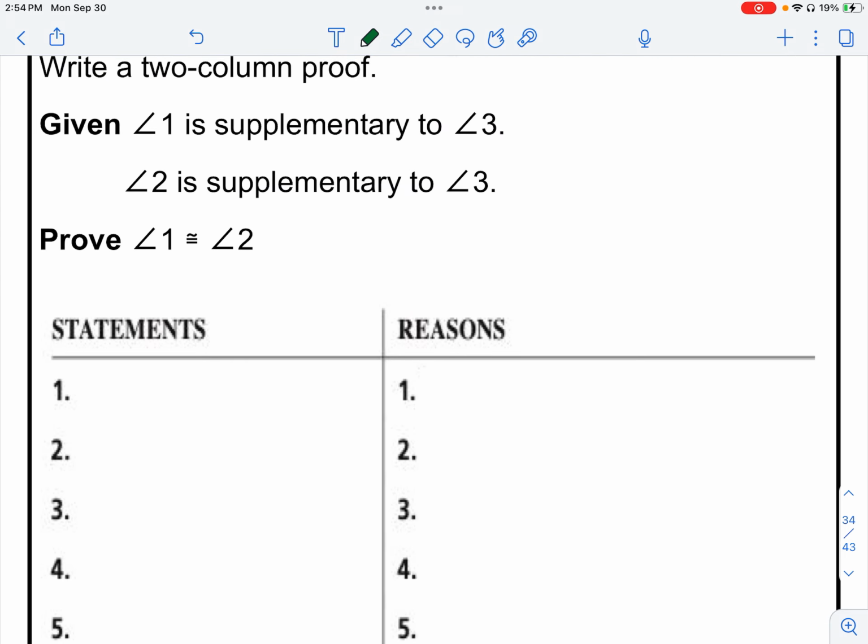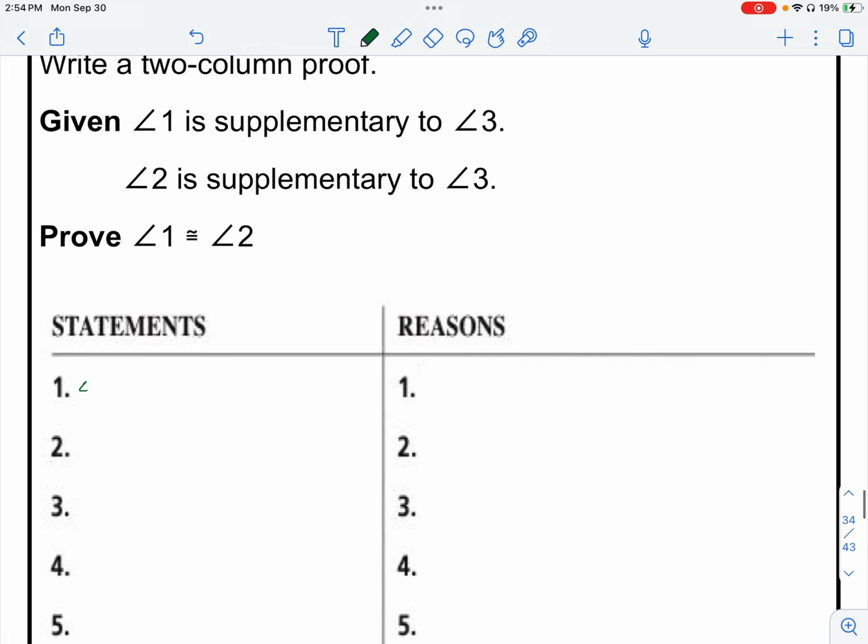All right, so let's start with our given. When I'm given more than one given, most times I like to work out what I can with my first given before putting the second given in. I'm also noticing that here I'm dealing with the angle, whereas if I had the measure of angle 1, that would be a number.